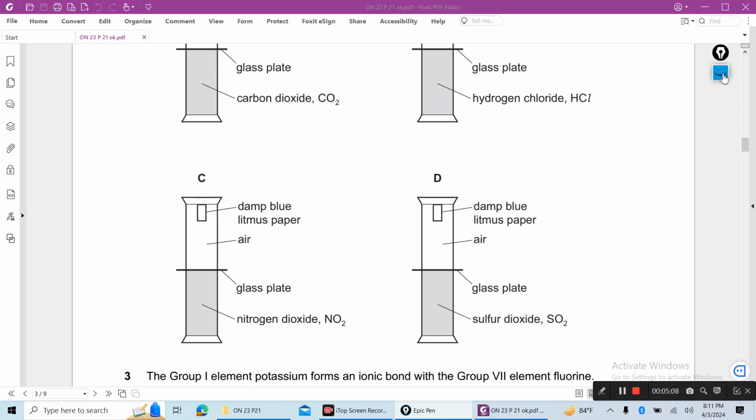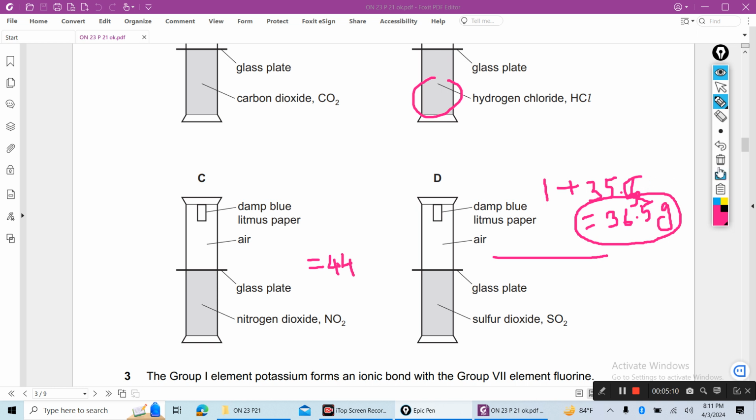And nitrogen dioxide mass is 14 plus 32, you get 46, more mass. Sulfur dioxide is 32 plus 32, 64.